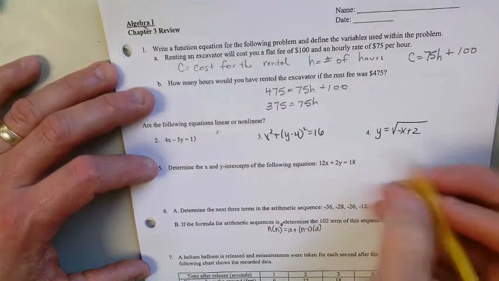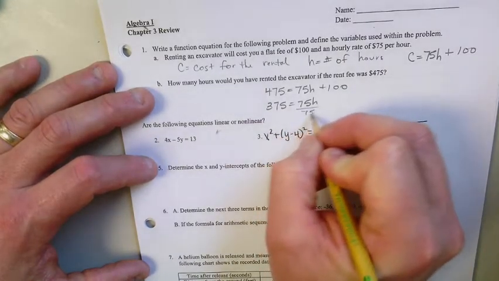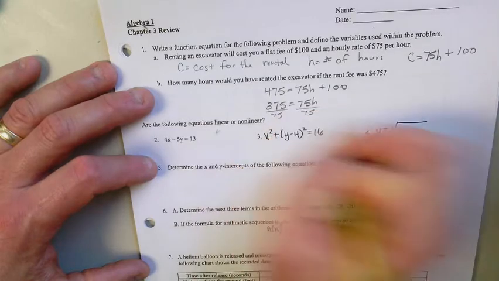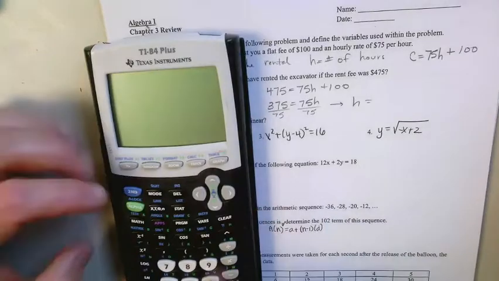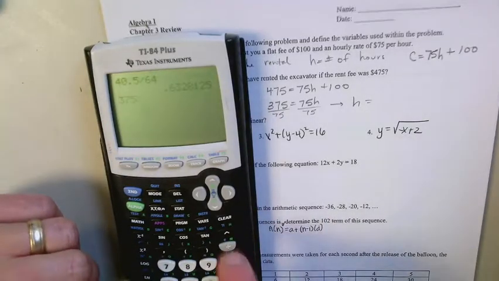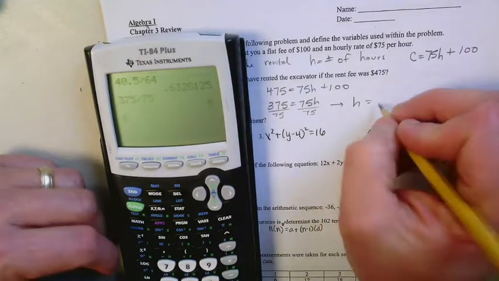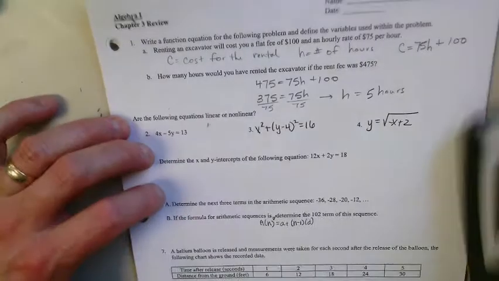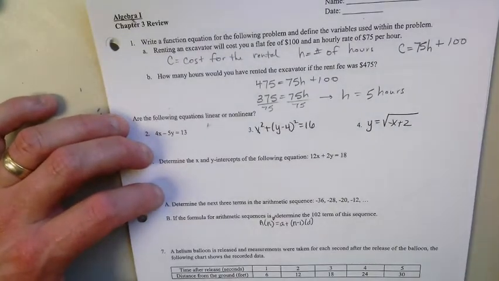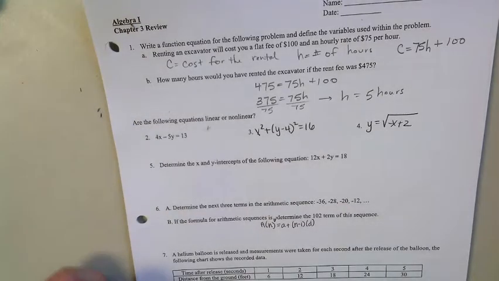And then if I divide everything by 75, I'm going to get the number of hours. So 375 divided by 75 gives me 5 hours of rental. Okay? Pretty good charge there to rent that.